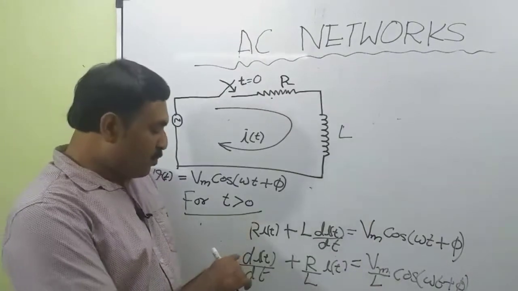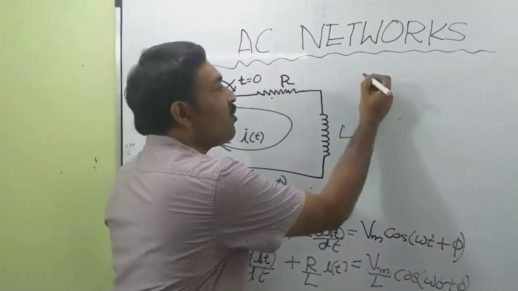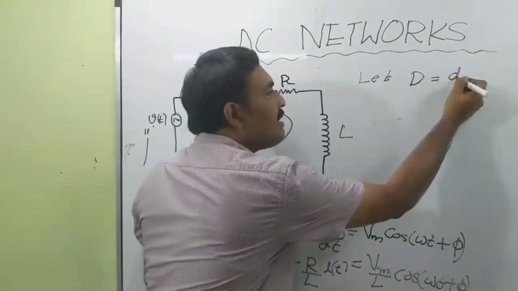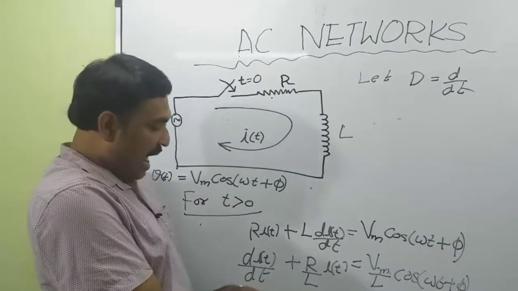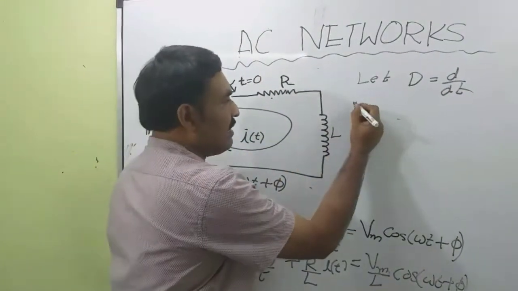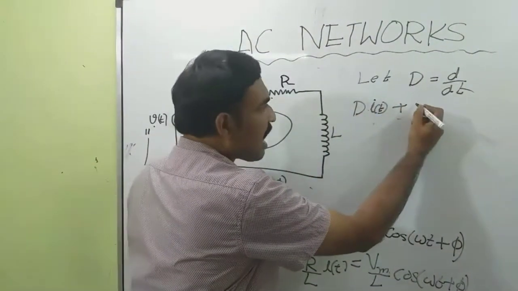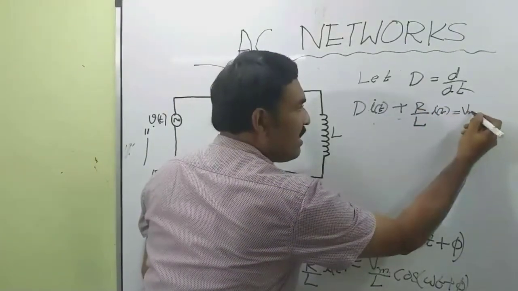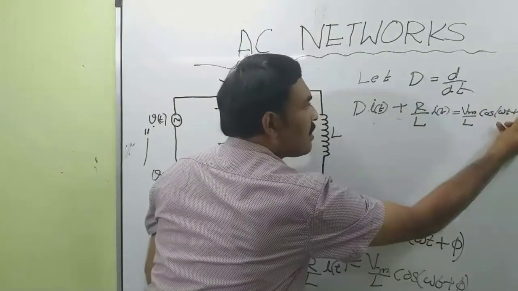Now I am going to put d by dt equal to capital D. So let D equal d by dt. We can write this expression as D into I of t plus R by L I of t, that is equal to Vm by L cos(omega t plus phi).